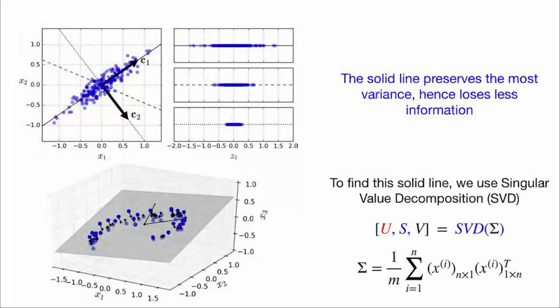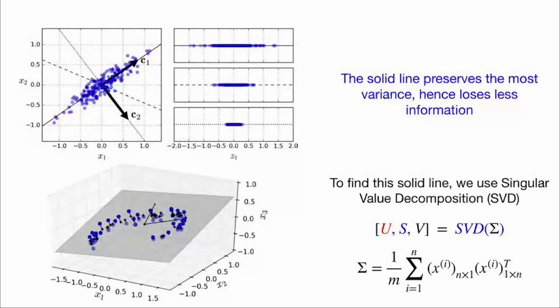What does it mean? That sigma is called the covariance matrix. And how do you compute this covariance matrix? Well, I have written the formula for you. You just have to take the example, and take the transpose of that training example, and multiply them. And there you have the covariance matrix.